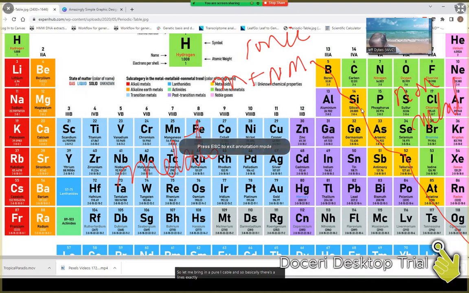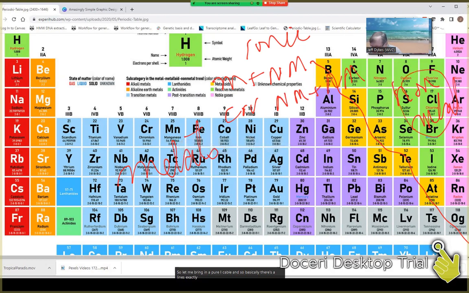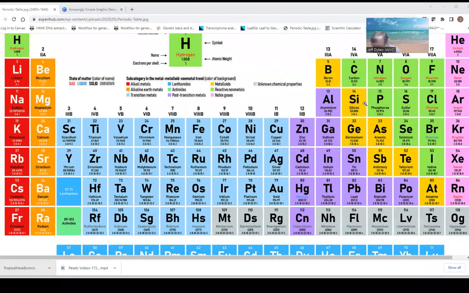So that's all we have to decide. The covalent bonds are non-metals plus another non-metal. So if there are two over here, those would be the covalent bonds. But we're interested in ionic bonds, so that's where we're going to figure this out.